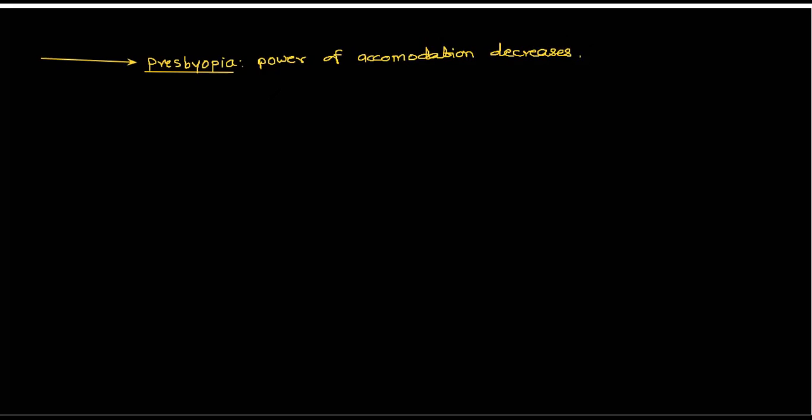So this power of accommodation decreases, and because of this, both near and far objects are not clearly visible.